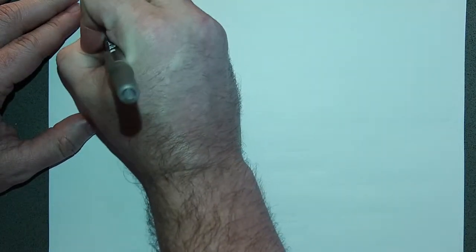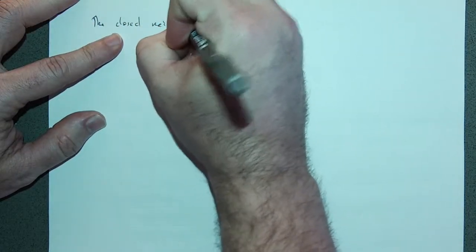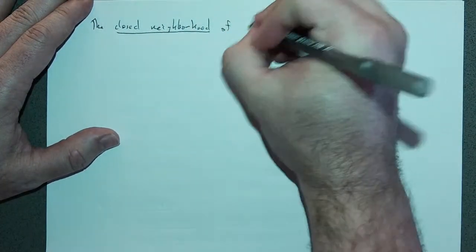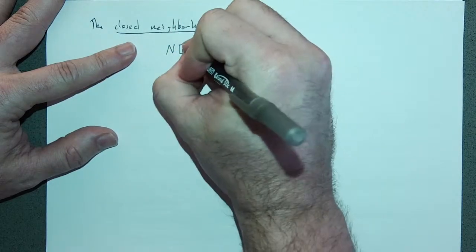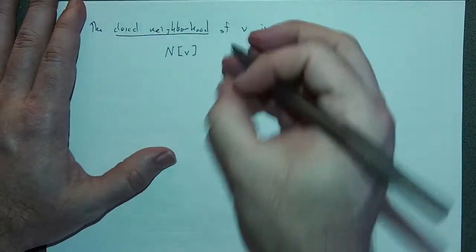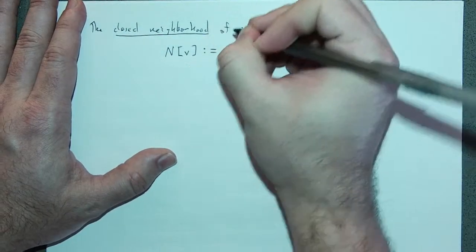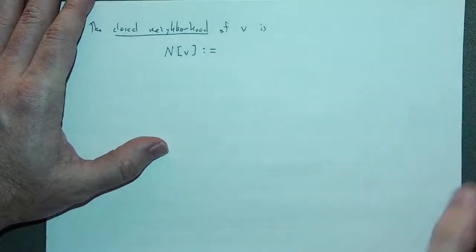Well, if there's an open neighborhood, it makes sense to ask what's the closed neighborhood. So the closed neighborhood of a vertex V is the following. It is written with a closed bracket instead of open parentheses here. All this is the vertex V itself union with its open neighborhood.